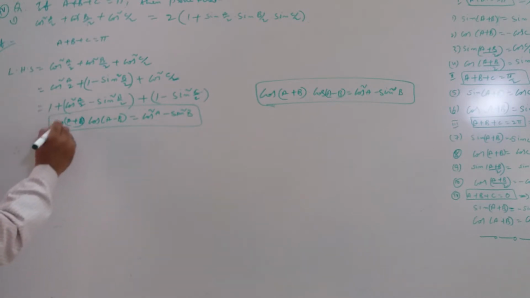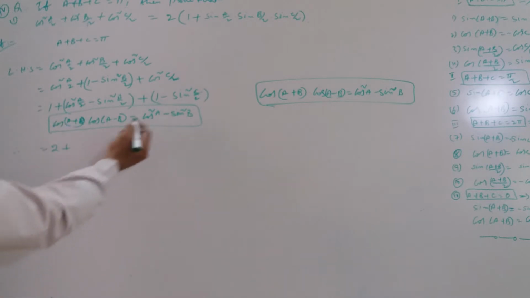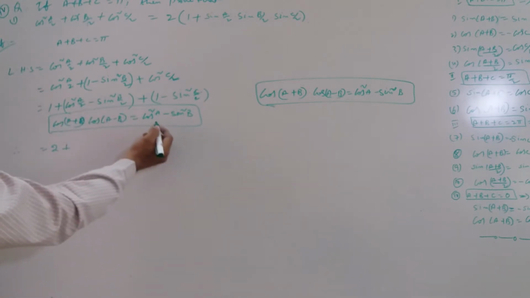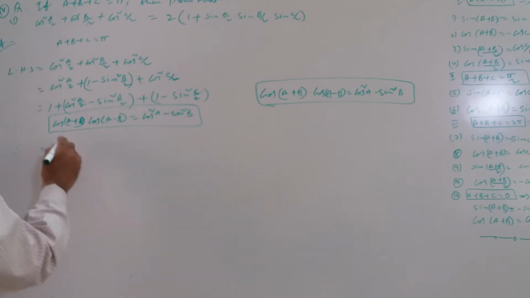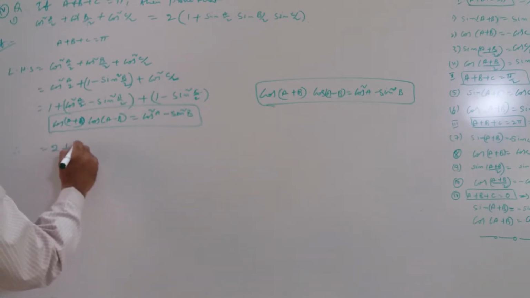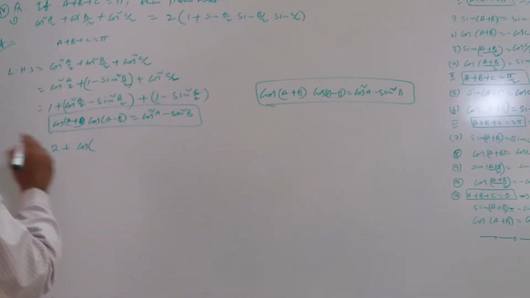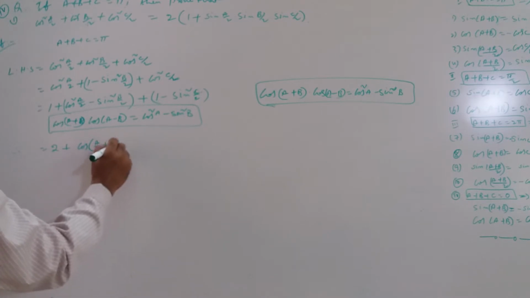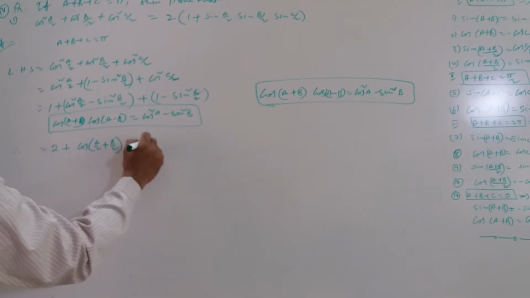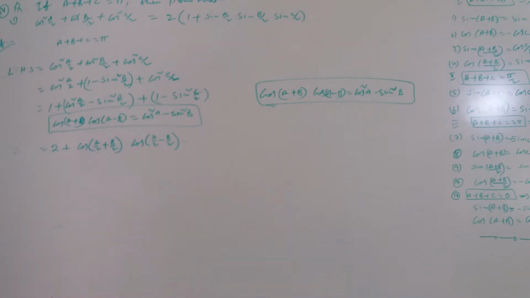Therefore that is equal to 1 plus 1, 2 plus, taking a by 2 instead of a and b by 2 instead of b, this can be written as cos of a by 2 plus b by 2 into cos of a by 2 minus b by 2.